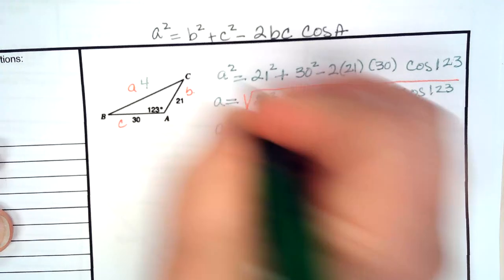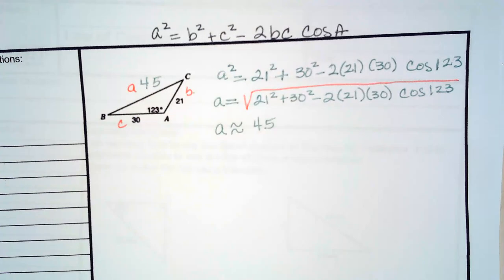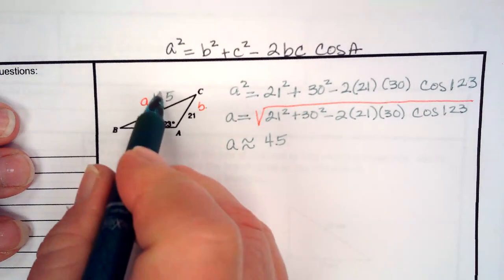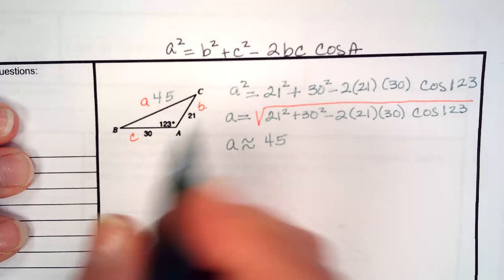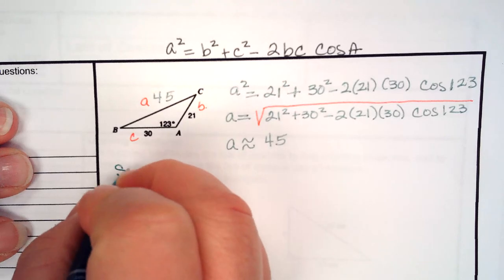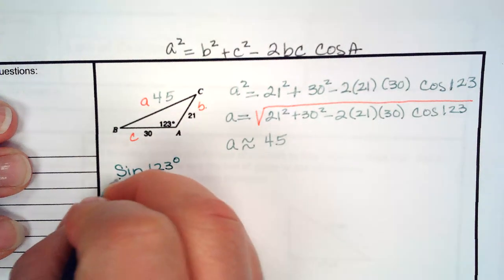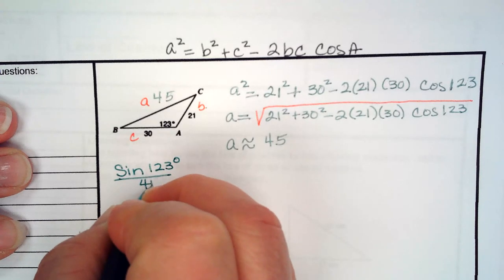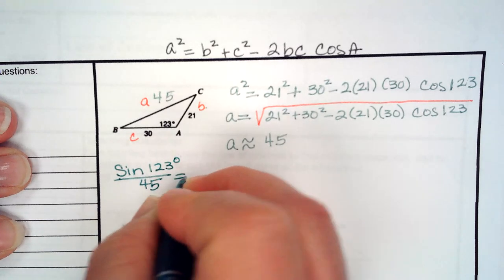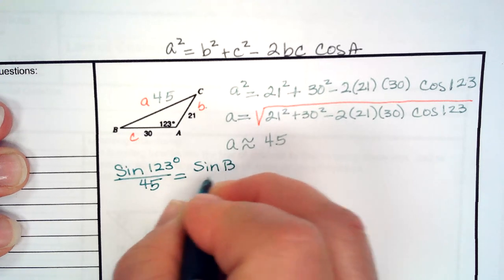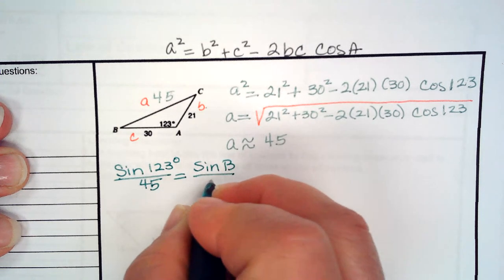Now we can use the law of sines to find the angle measures. Once you use the law of cosines one time, you use the law of sines. So my matching pair is angle A and side A, so the sine of 123 degrees over 45 is equal to the sine of B over 21.